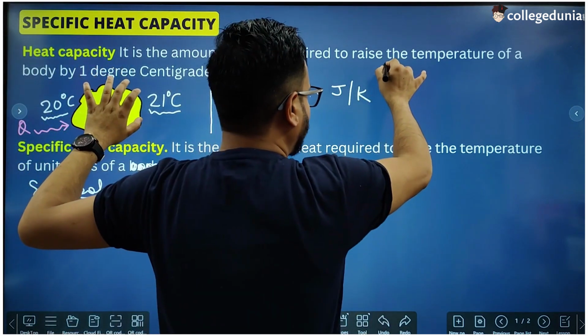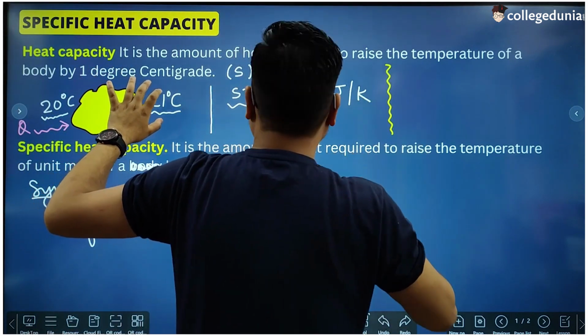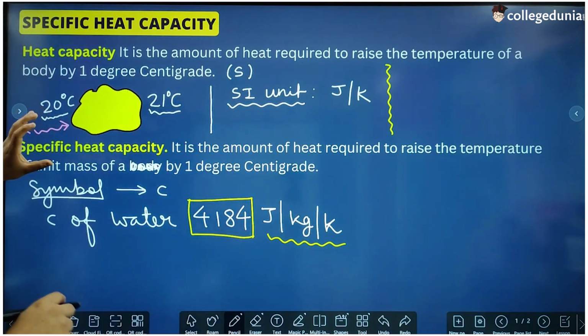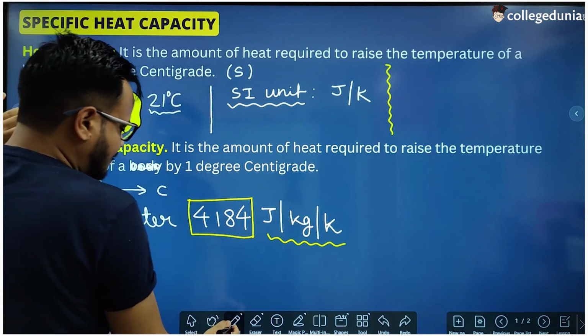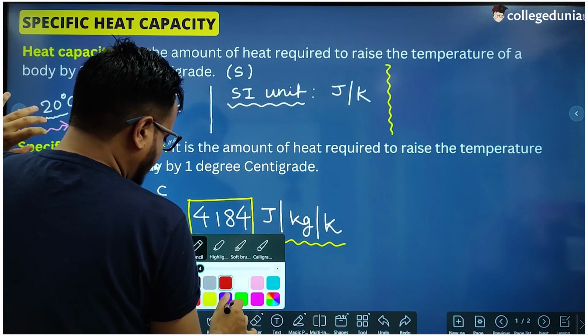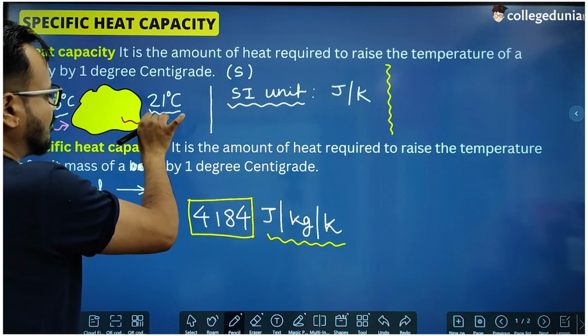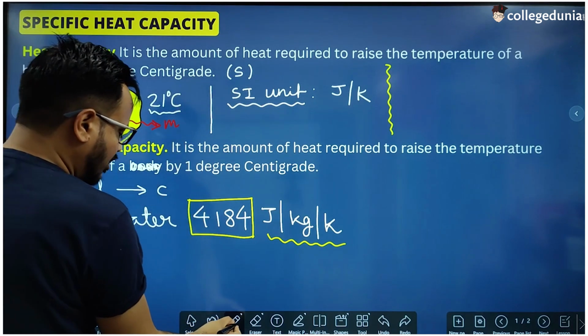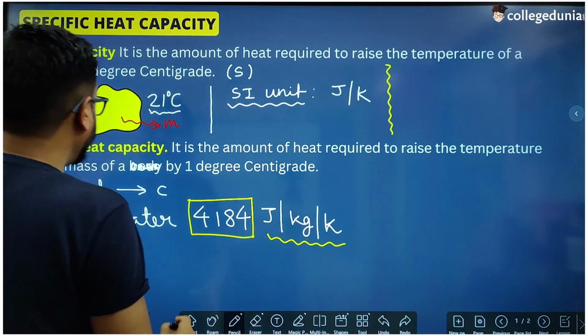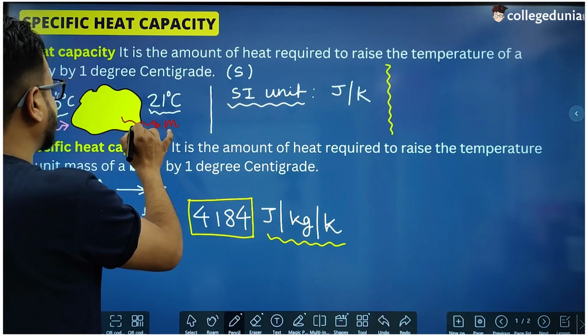Now here let's take one example, and we are going to make a very important formula. Suppose the mass of this body is m, right? And the total increase in temperature.